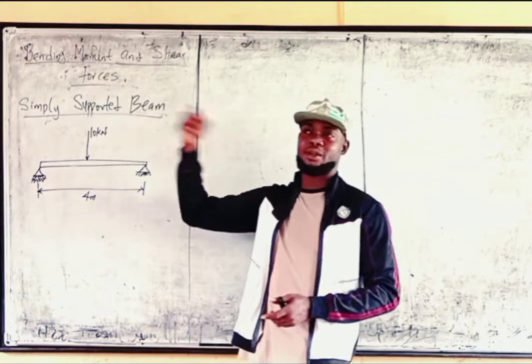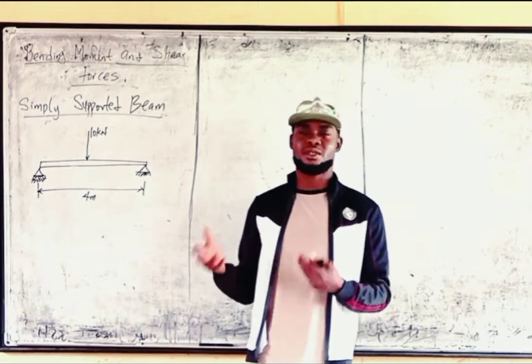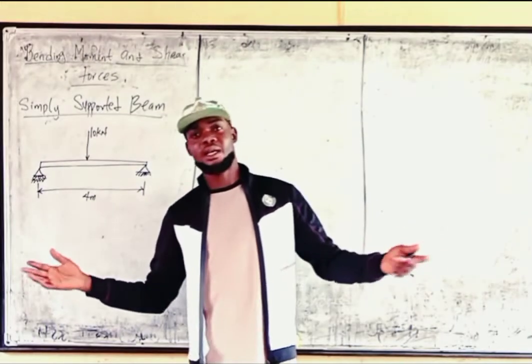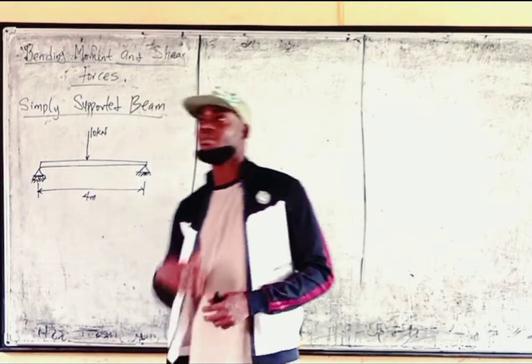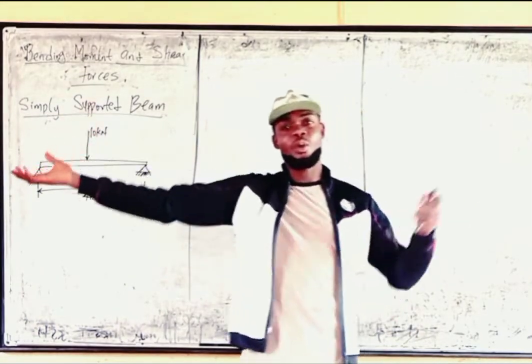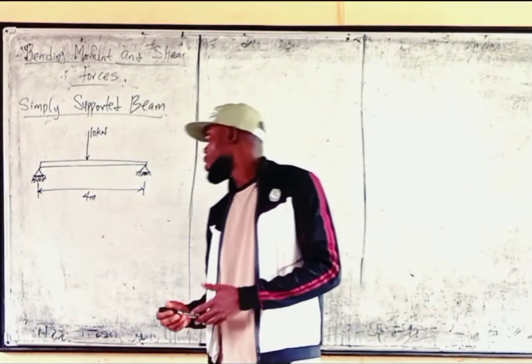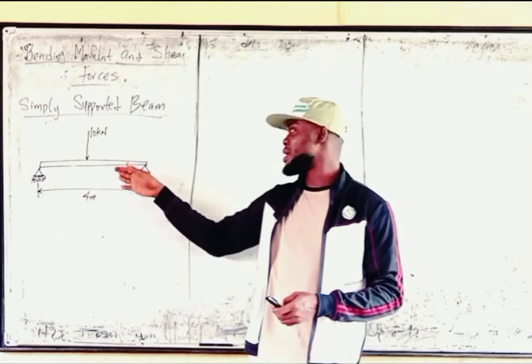Most of the beams are just extensions of this, like an overhanging beam, which can be a simply supported beam with overhangs. Overhang means the beam extends beyond the support, so the supports are not at both ends. This one has no overhangs. Then we have what we call indeterminate problems, but this one is determinate.